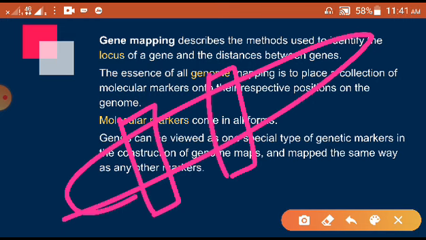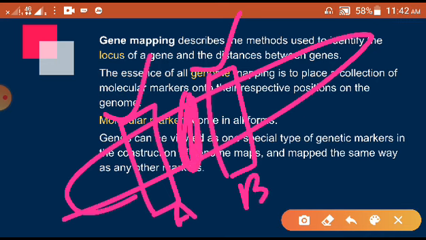So what does it mean? It means you are using gene as a marker. Gene A is one marker, gene B is one marker. Suppose that these two markers you have placed, right? So that way also you can locate where marker A and B have been placed, and somewhere in the middle, that particular gene is present.